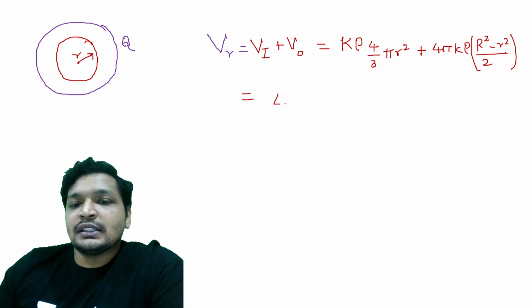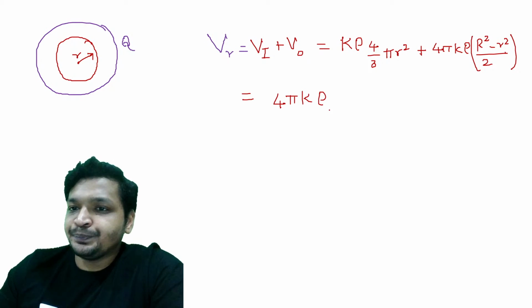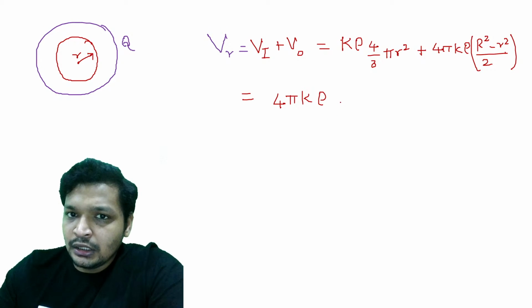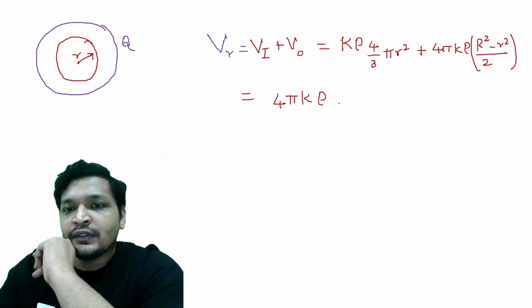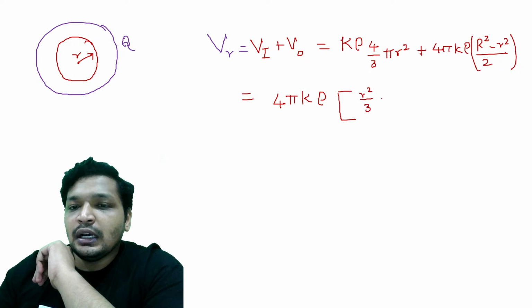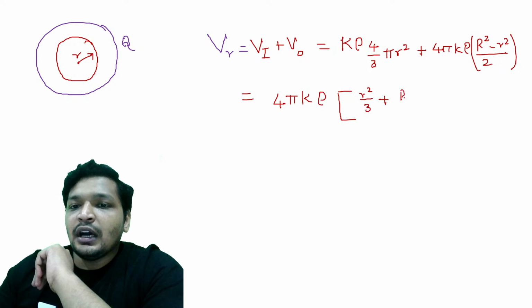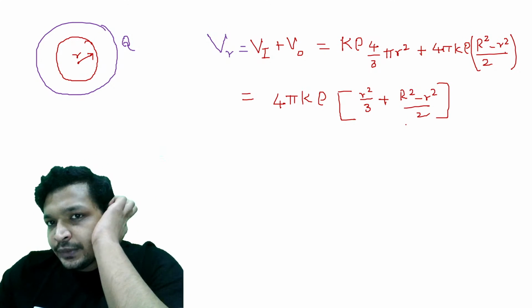So here you would get something like 4 pi K into rho into R square divided by 3 plus that of capital R square minus r square divided by 2.